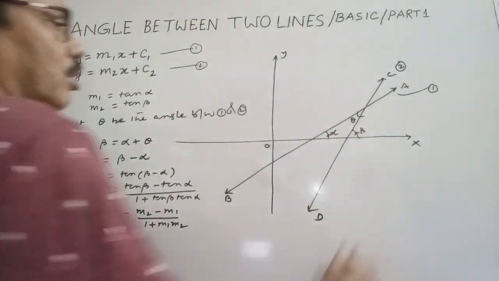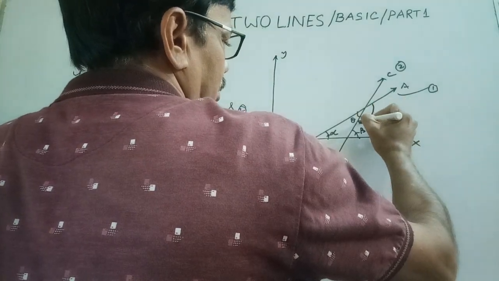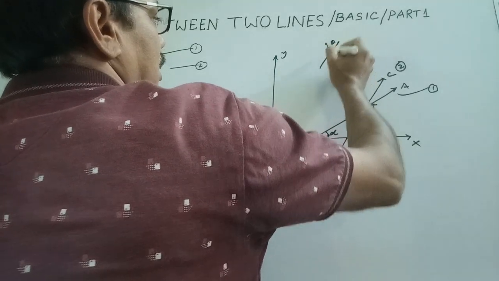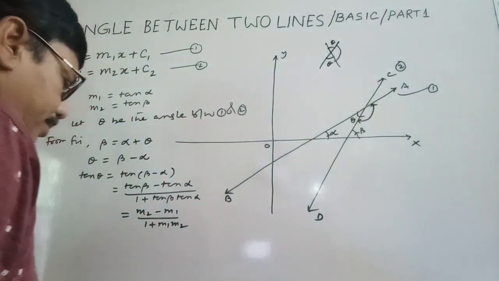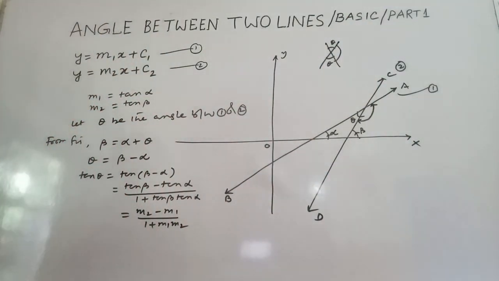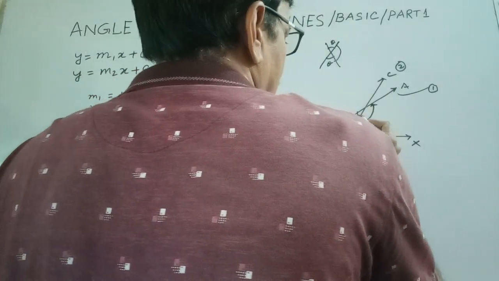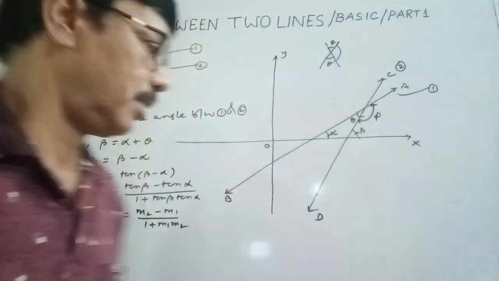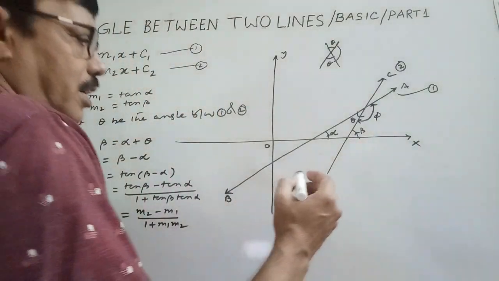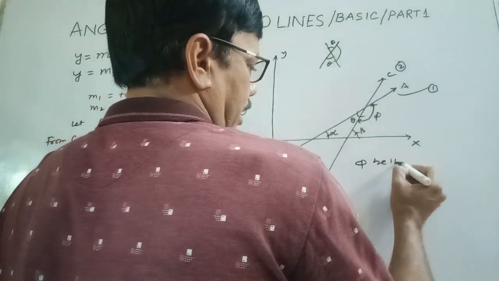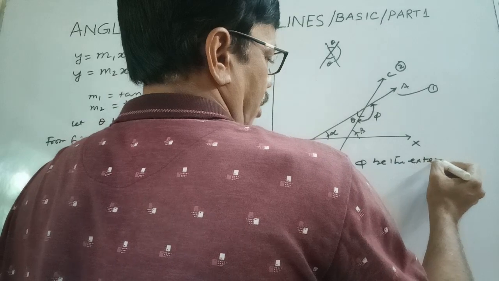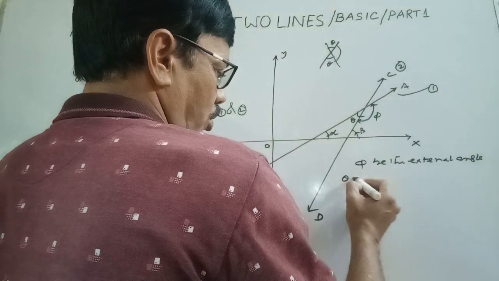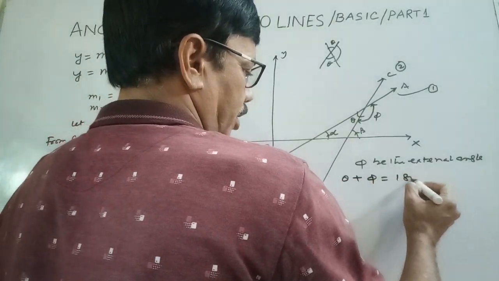Now look, there is also another angle, this one. Two lines, so this equals this, another angle. If you consider this as internal, then this is external according to this figure. If phi is the external angle, then theta plus phi equals 180.